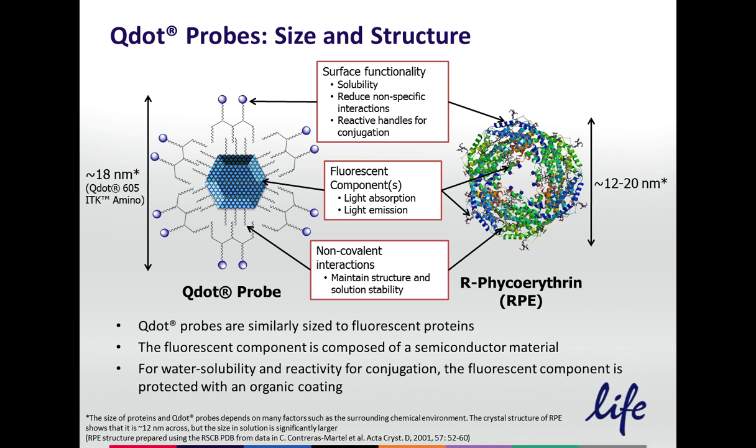Now, Q dots are extremely bright, extremely photostable. They blink. An interesting feature about Q dots is they blink. Now, all dyes blink. It's just they blink so fast you can't see it by naked eye. But the Q dots blink much slower, and you can see the blinking. Take a solution of Q dots and put it under a cover slip.